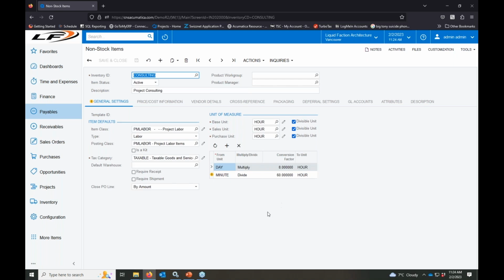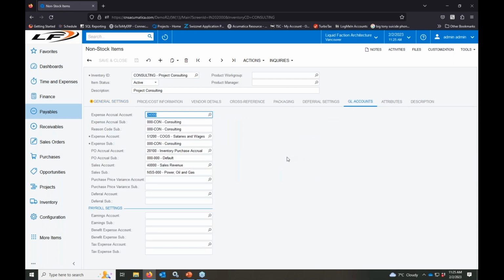So again, because it's a non-stock, there are no warehouse defaults or options for valuation, but we do see those conversions of unit of measure as well as item defaults that populate into the GL accounts.